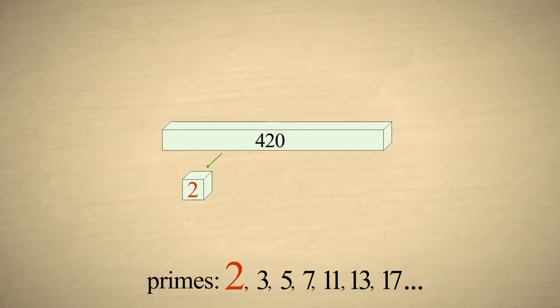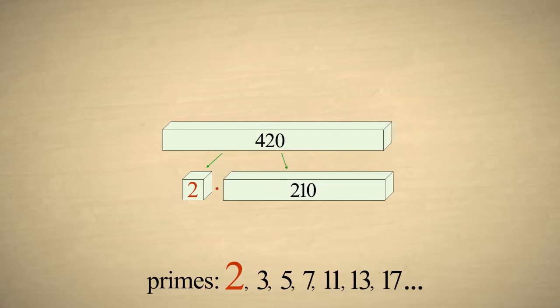Therefore, 2 is a factor. Dividing 420 by 2 leaves 210. So 210 is also a factor. But is it prime or composite? If it is prime, then we can stop. We have found all the prime factors.